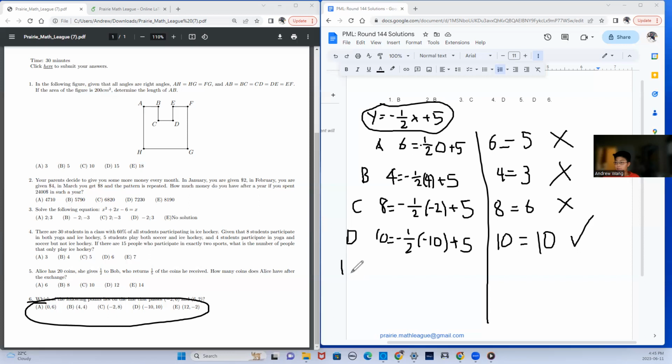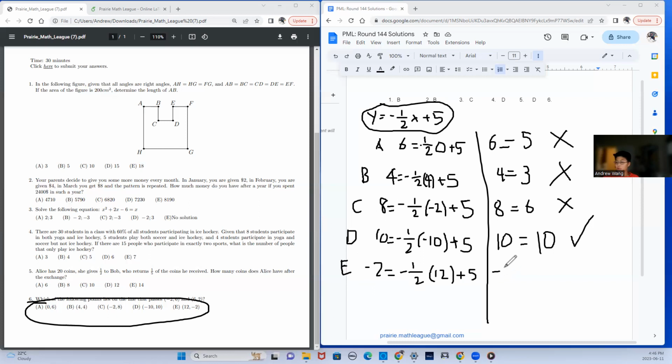But let's see E perhaps, let's just test all of the coordinates. So -2 equals -1/2 times 12 plus 5.